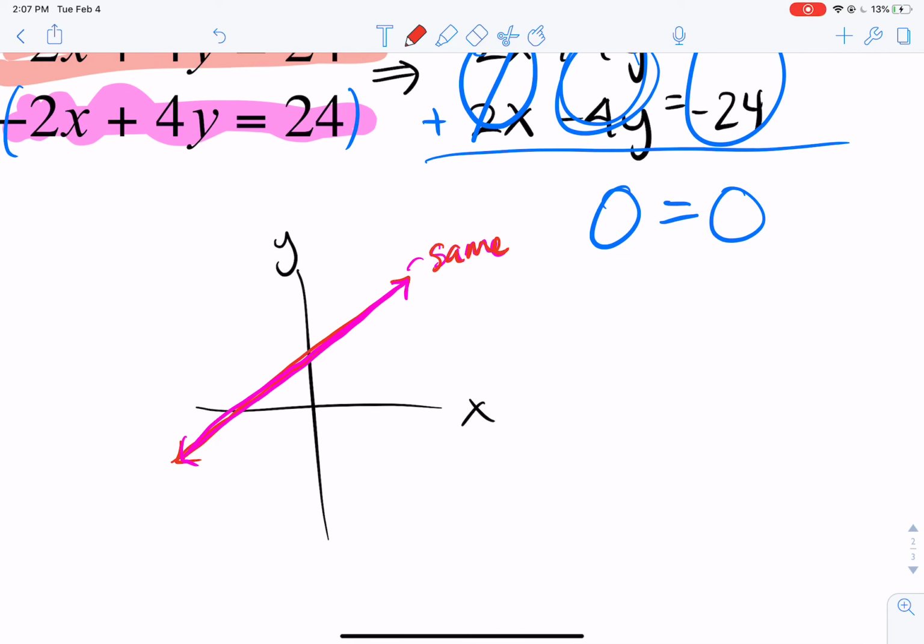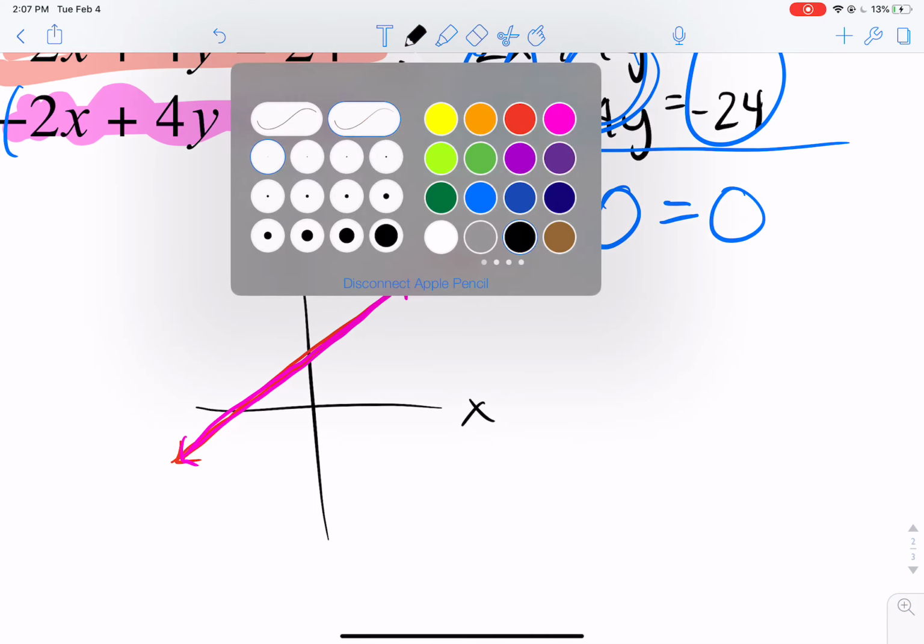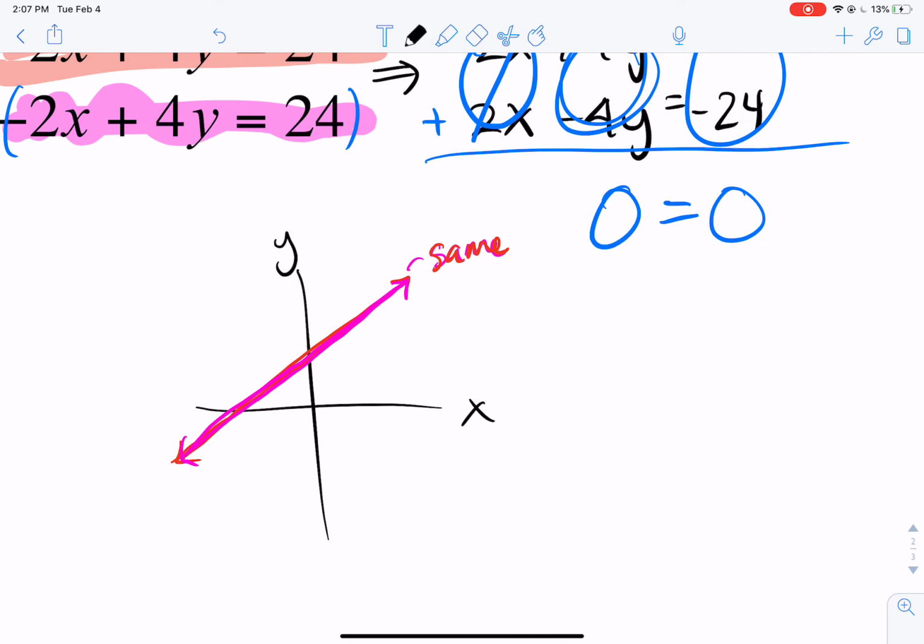They're the same. So what that implies is that since the solution to the system is the point of intersection, the solution is going to be all of these points that are intersecting. They're intersecting in multiple places. And these are just a few of the infinite number of places that they're intersecting.